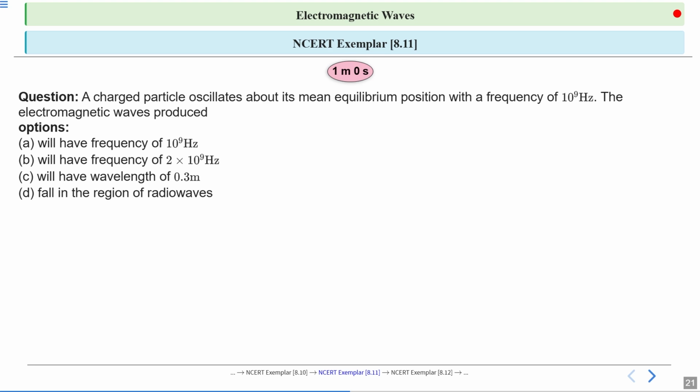Okay, so out of these four options, which options are correct? More than one option can be correct. So I will give you some time to think about it. See the options carefully, more than one option can be correct.